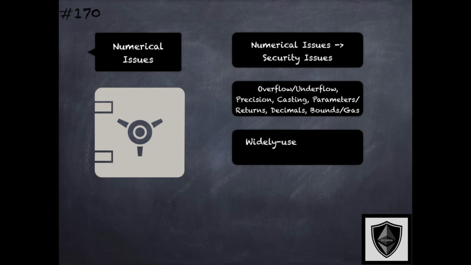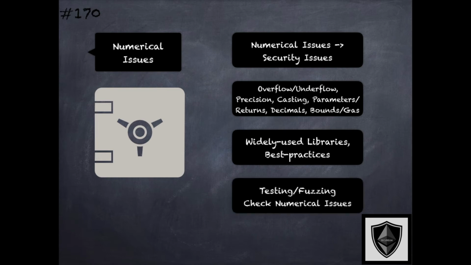The recommended best practice is to adopt widely used libraries for special mathematical support, such as fixed point or floating point numbers, and combine this with extensive testing using fuzzing and other tools meant to specifically test constraints and invariants for numerical issues.